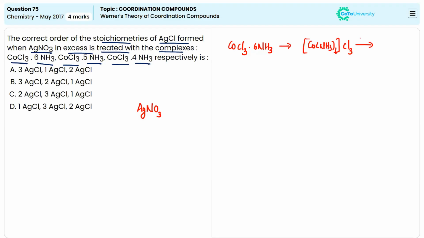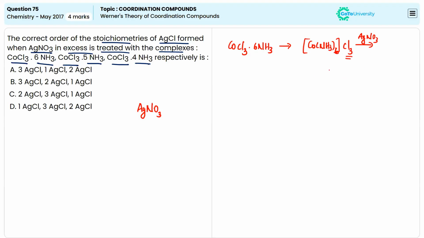When we add silver nitrate solution to this compound, we know that the things inside the coordination sphere will not undergo ionization. Only the things outside the coordination sphere will undergo ionization. So the cobalt and NH3 won't split; only these three chlorine atoms will undergo ionization.